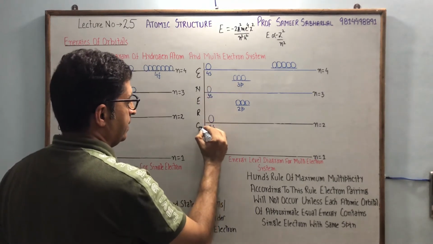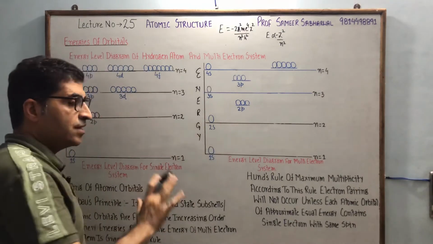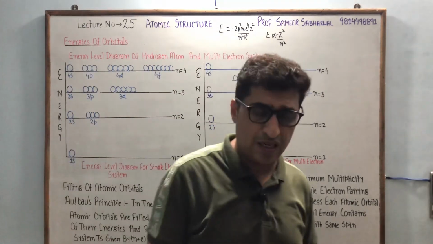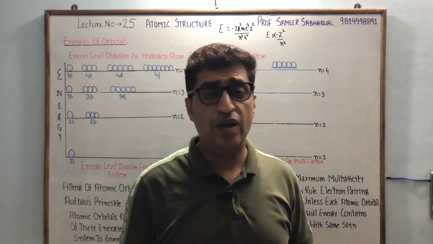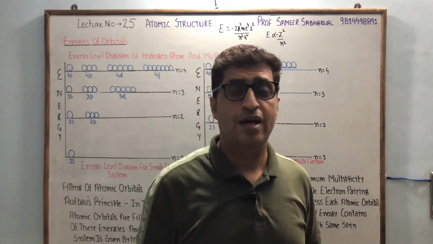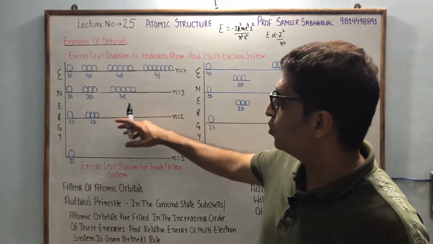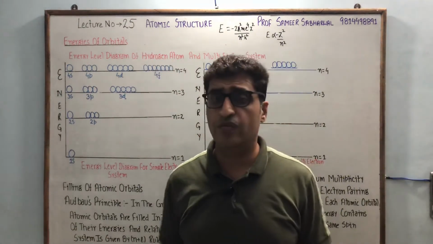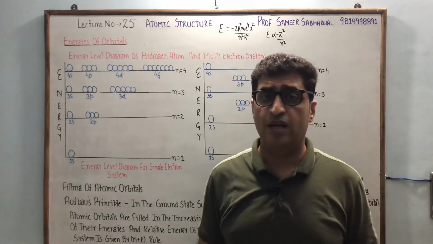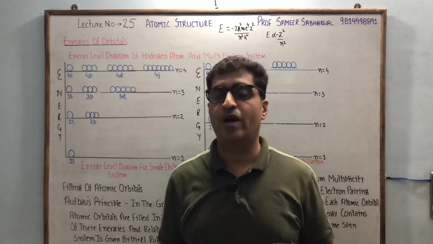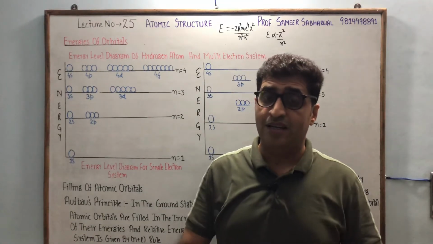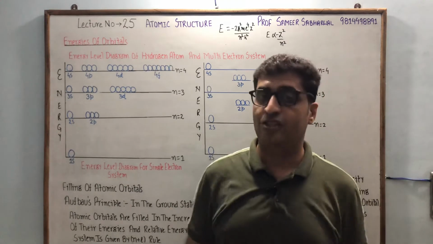Now see, for a single electron system, the question comes to mind that we have only one electron in a hydrogen atom. Then what is the purpose of drawing so many shells? The answer is very clear. Undoubtedly, the hydrogen atom has one electron, and that electron is lying in the first shell.